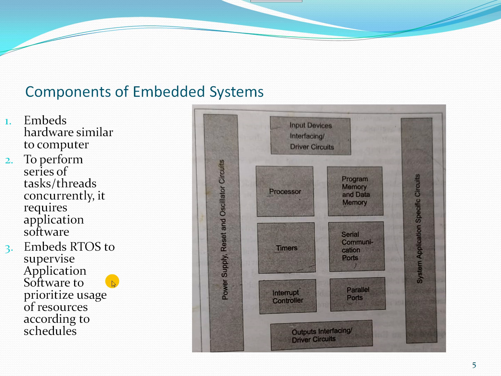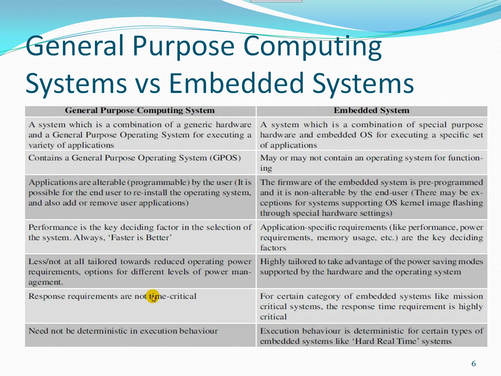This real-time operating system supervises the application software and prioritizes the usage of resources according to the schedules. So these are the main components we need to look at for an embedded system. It is not merely a hardware part, and it also deals with software parts.